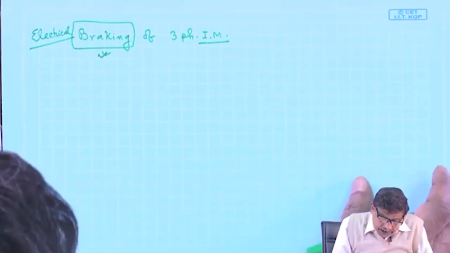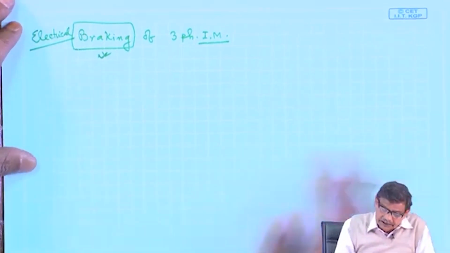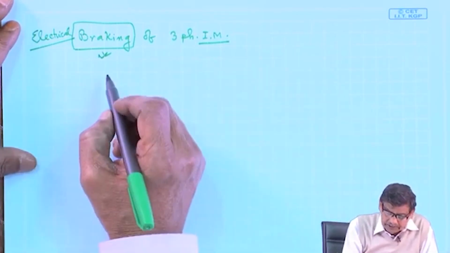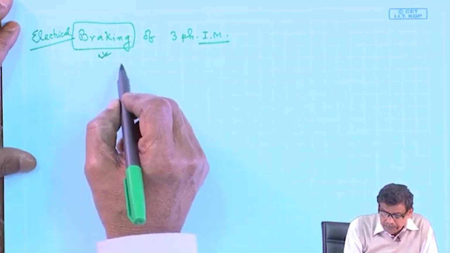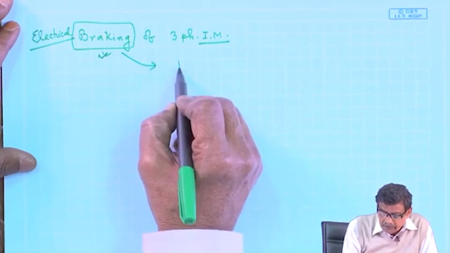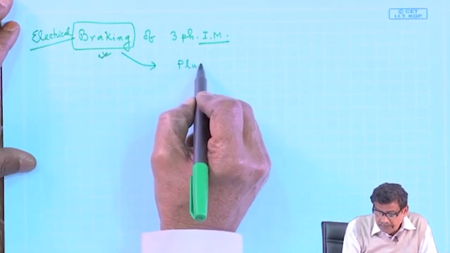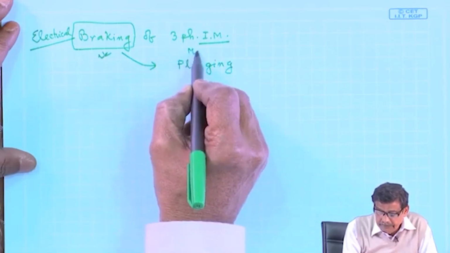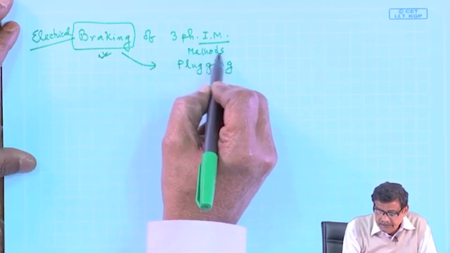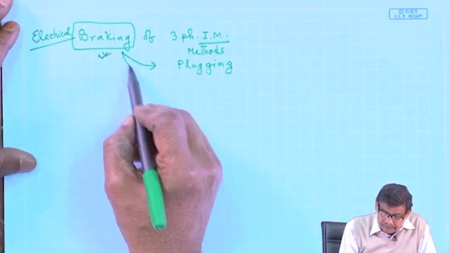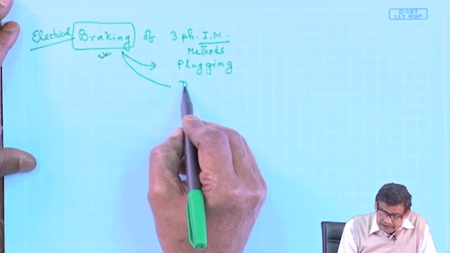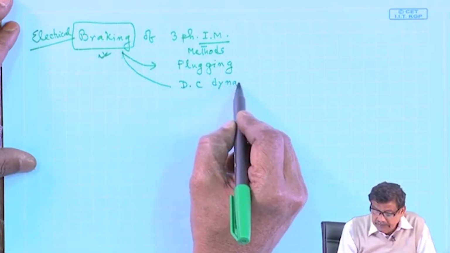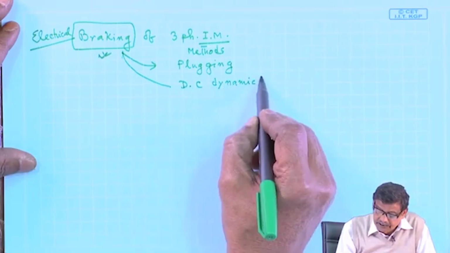To brake the induction motor, there are three popular methods. One is braking by plugging. Then another is DC dynamic braking.